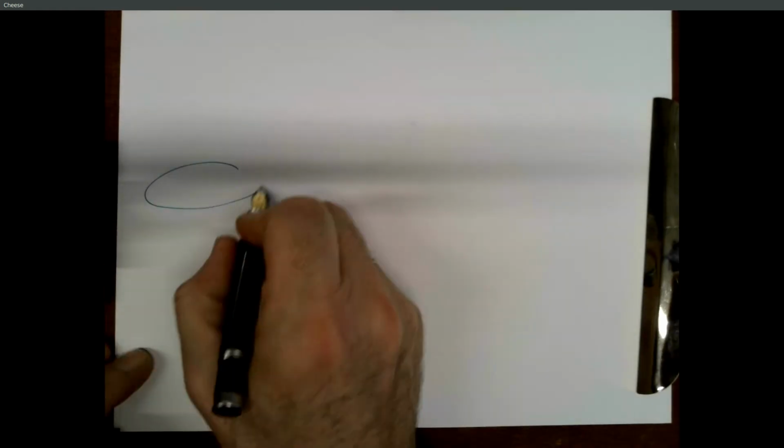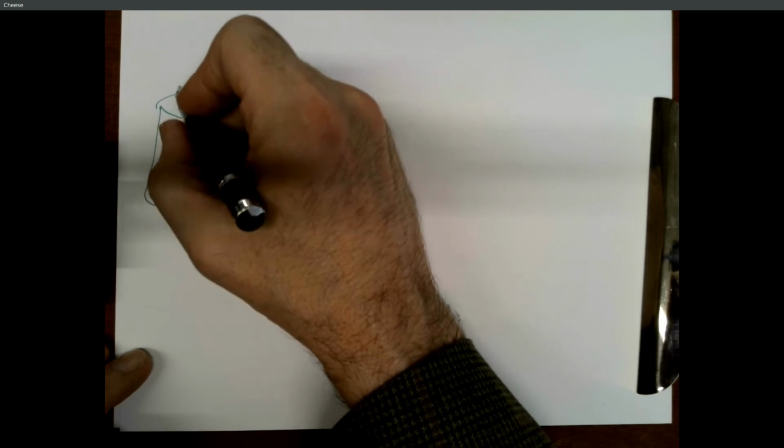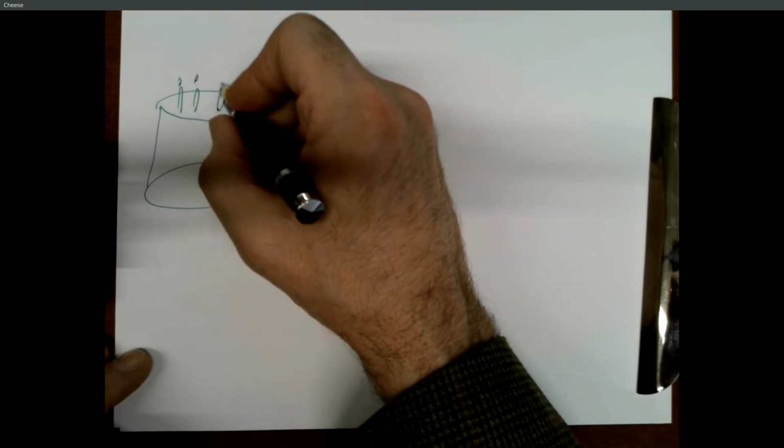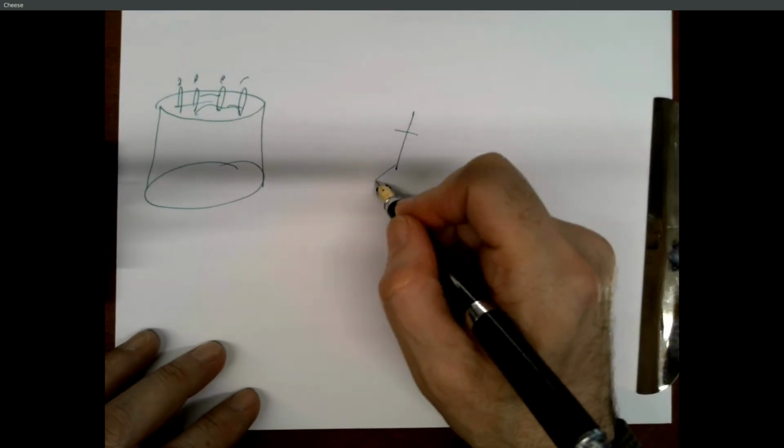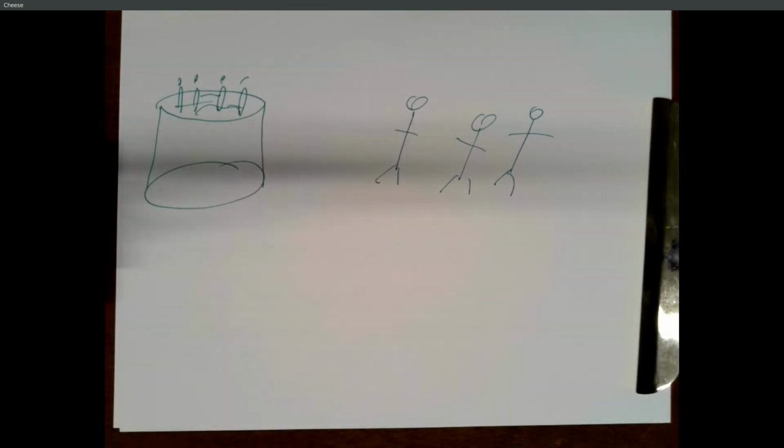Okay, so let me give you an analogy. Here's my food analogy. Got a birthday cake, somebody's birthday, and you've got a bunch of people. So you're going to cut the cake into pieces and you're going to hand out pieces to people. Okay?